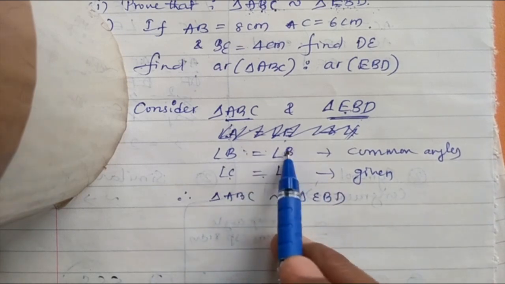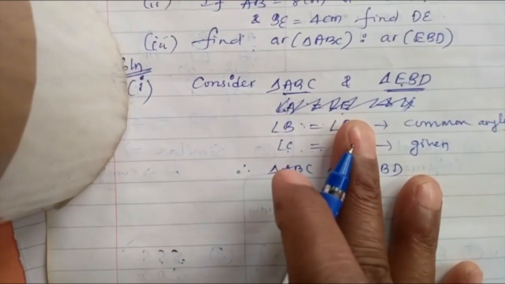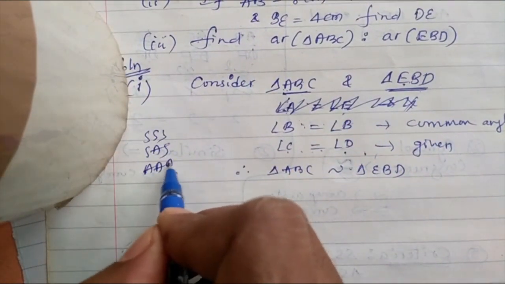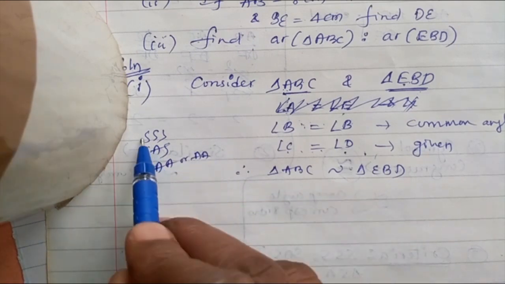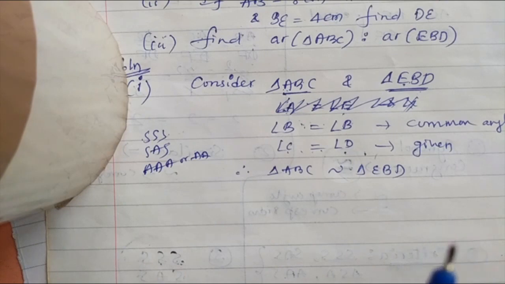Why? Because from the two triangles we proved how many angles? Two angles are equal. How many criteria do we have? SSS, SAS and AAA or AA. Three sides are in proportion. When we go for similarity, don't use corresponding with equal.